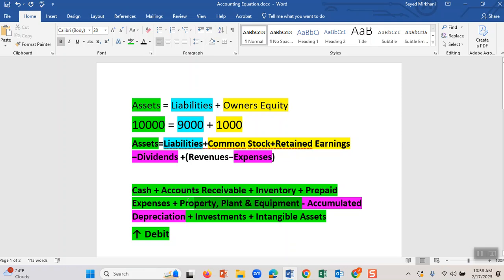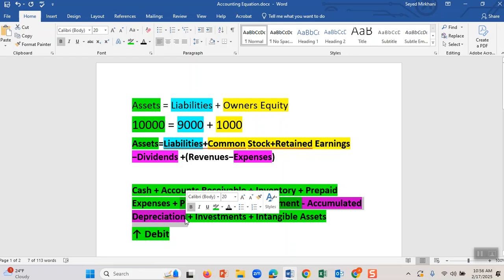In this case, this component will become $9,000. Although the true value is 10,000, do you see this one? Accumulated depreciation, $1,000, drops from the value of that 10,000. When you put $10,000 here and deduct 1,000 for depreciation, the value from here to here becomes $9,000.